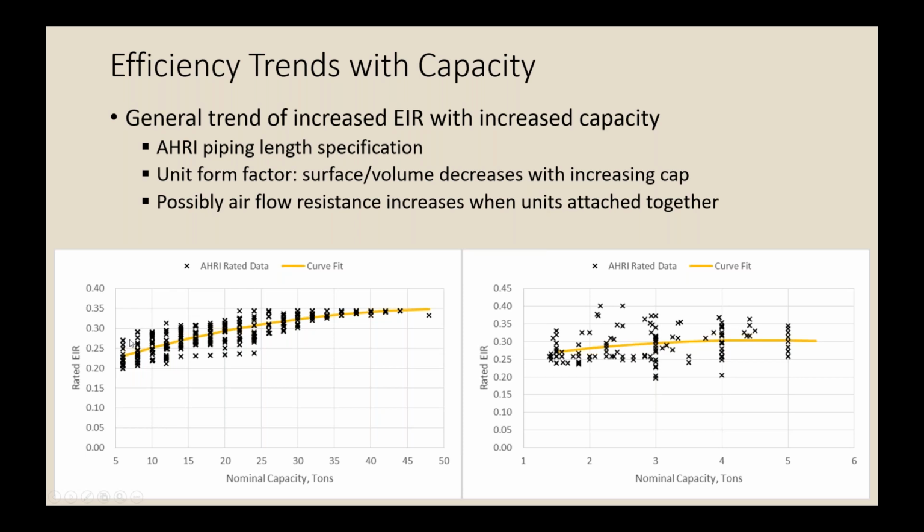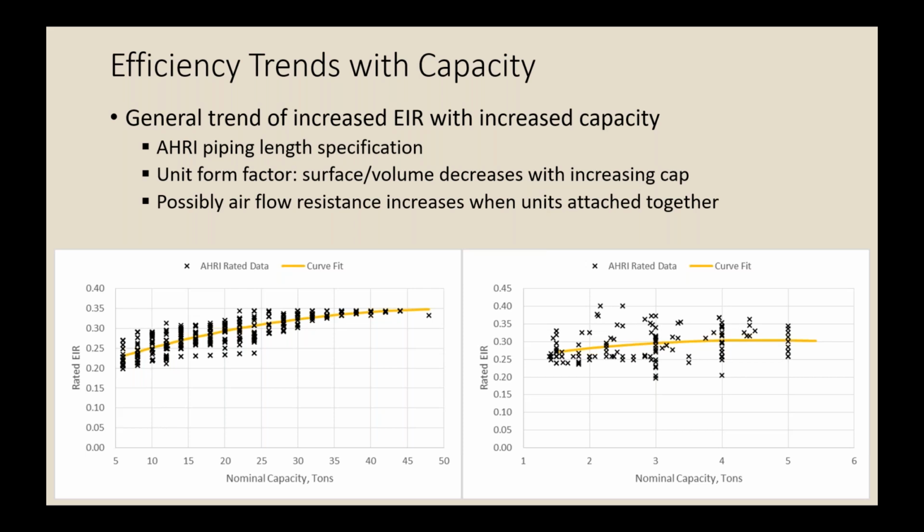So surface to volume ratio will tend to decrease as the capacity and the overall physical size of the unit increases. Similarly, when you get to the mid to larger units, the manufacturers start grouping together smaller units.